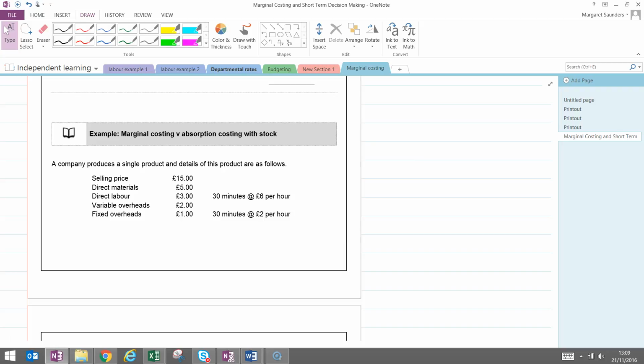So we have a company producing a single product, and details of this product are as follows. Selling price is £15, direct materials £5, labour is £3, variable overheads are £2, fixed overheads £1. So that's per product.